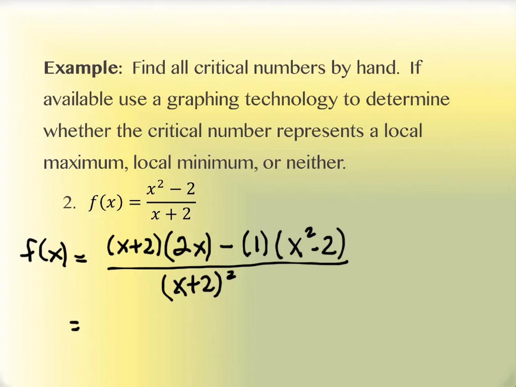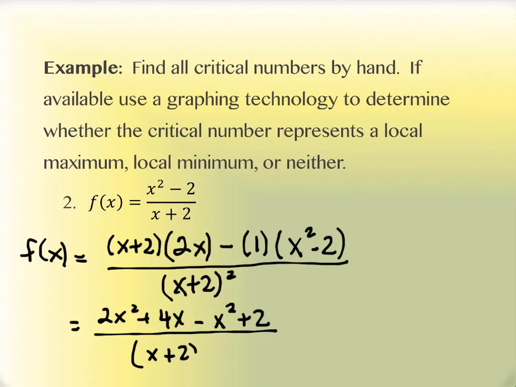All right, so we're going to simplify that numerator. We're going to get 2x squared plus 4x minus x squared plus 2. I think we have one more simplification step of that numerator.